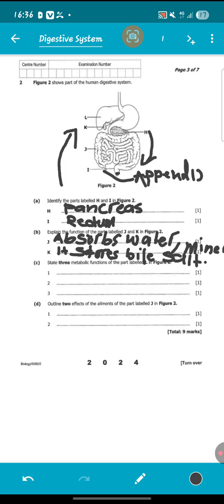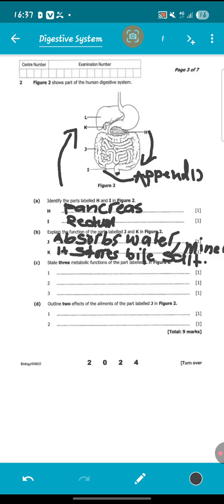What do we mean by deamination? It just converts excess amino acids to urea. Then the other thing is that it is involved in detoxification of harmful substances such as alcohol as well as drugs.